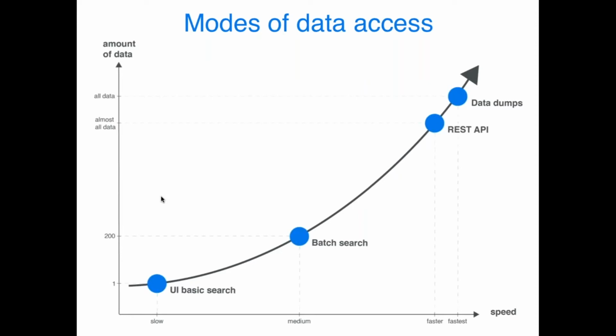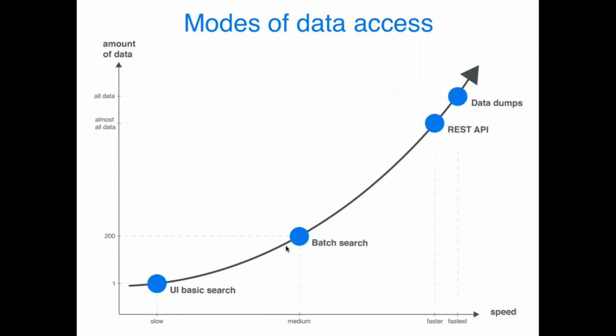However, if you've got many targets and you do them on a one-by-one basis, that will take much longer. So we also provide what we call the batch search tool, where you can enter up to 200 targets, and very quickly you can get all the diseases associated with those targets. You can get the pathways that those targets are enriched in.